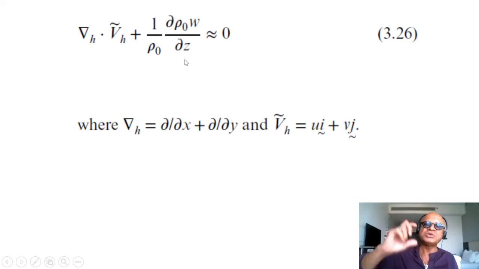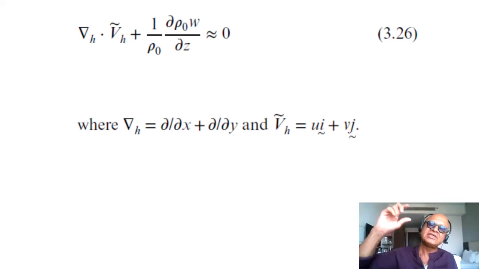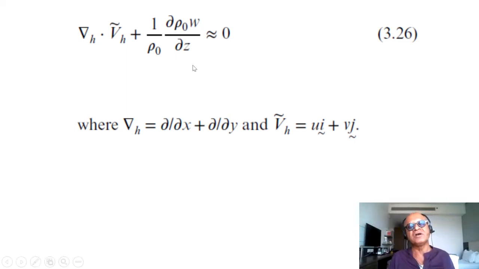So the perturbations to the density field are coming from these vertical motions, where again, of course, the horizontal divergence is d dx plus d dy, where we are looking at the geometric terms gone, and the horizontal flow field is of course ui plus vj, where i and j are the local unit vectors.